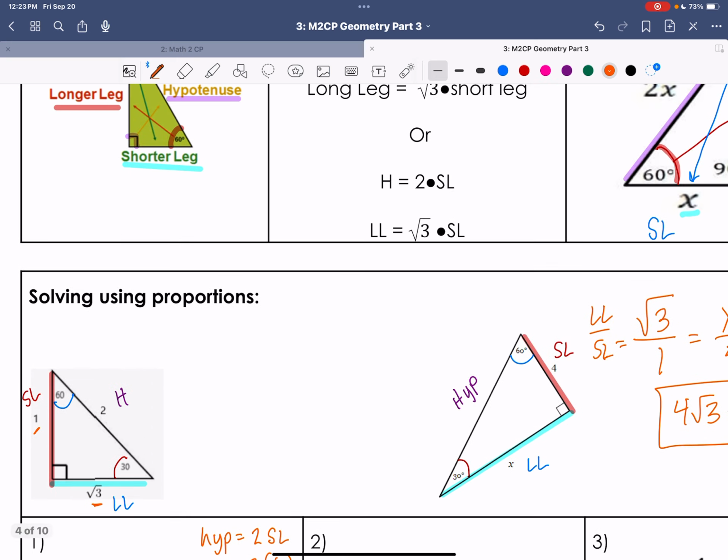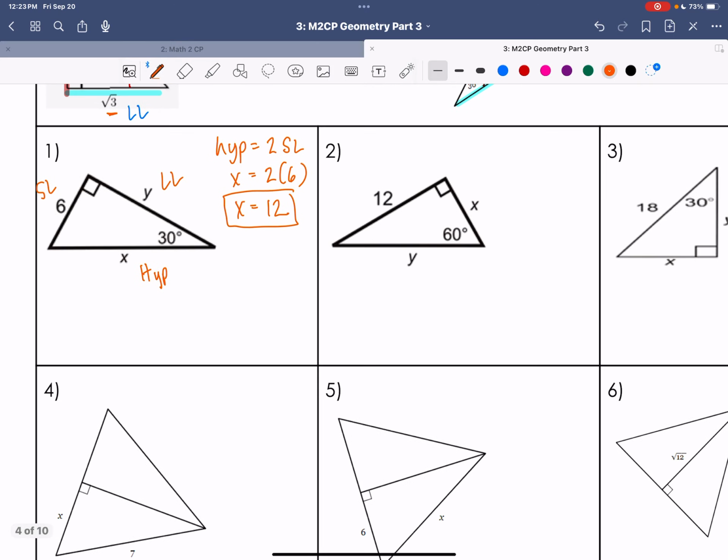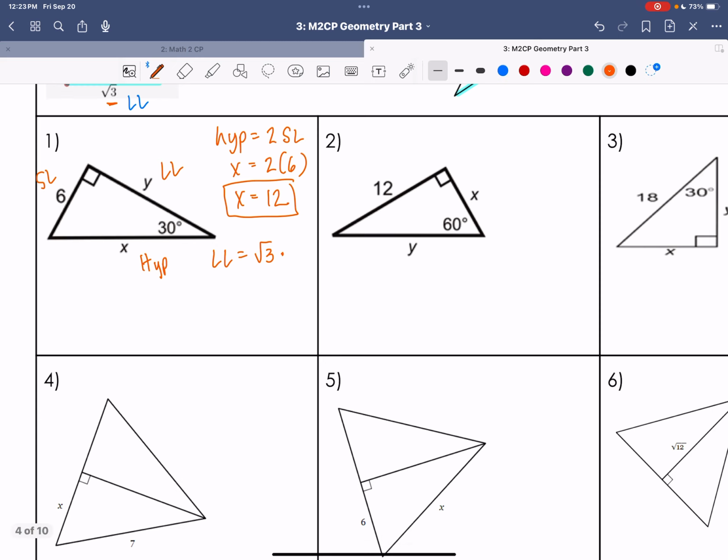So if you're looking for the long leg, you're doing root 3 times short leg. So the long leg is y, root 3, and then your short leg is 6. So now this is going to be y equals 6 root 3. And that's it. Those are as simplified as you can get.